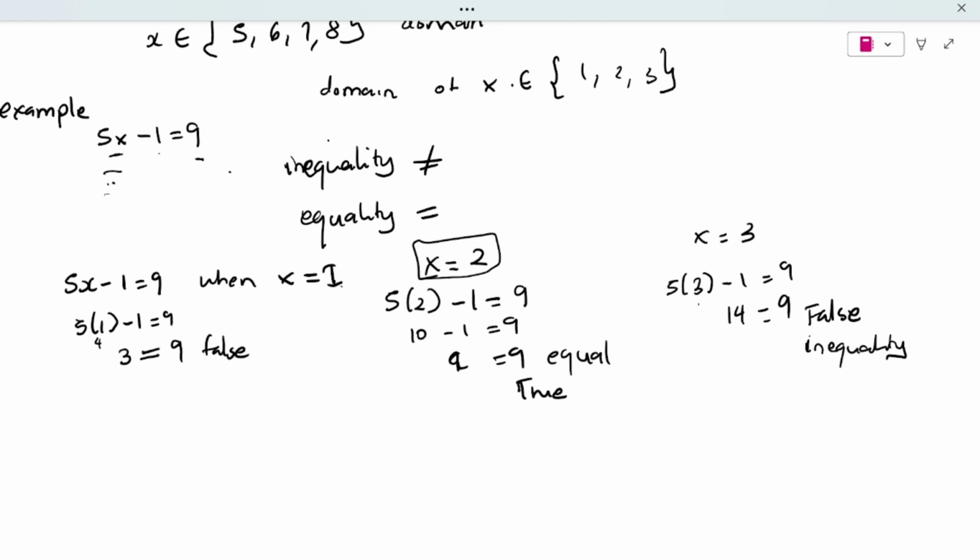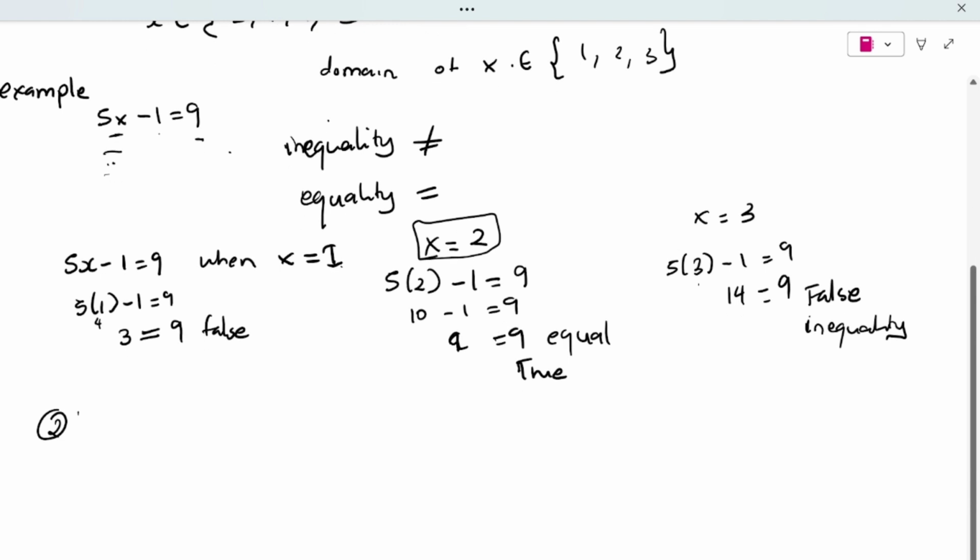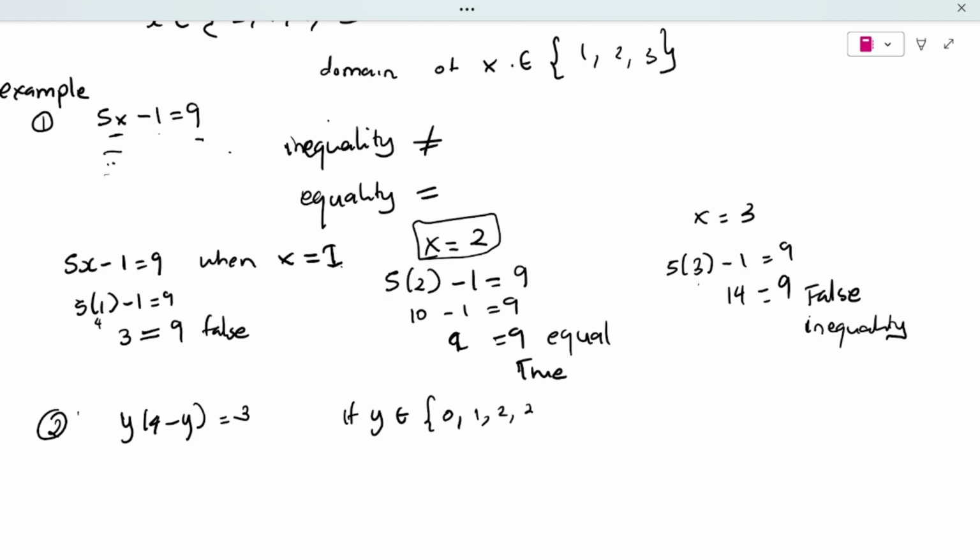Let's solve a question which has a set of solutions. So for example, this was example 1. Example 2: 4 minus y is equals to 3, where y is equals to 0, 1, 2, 3.